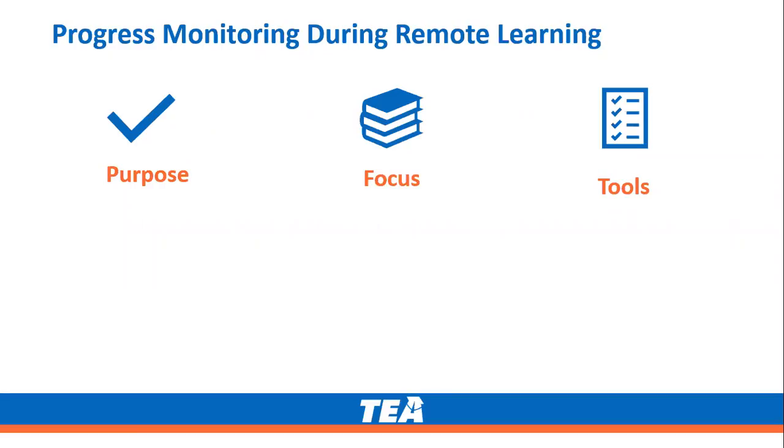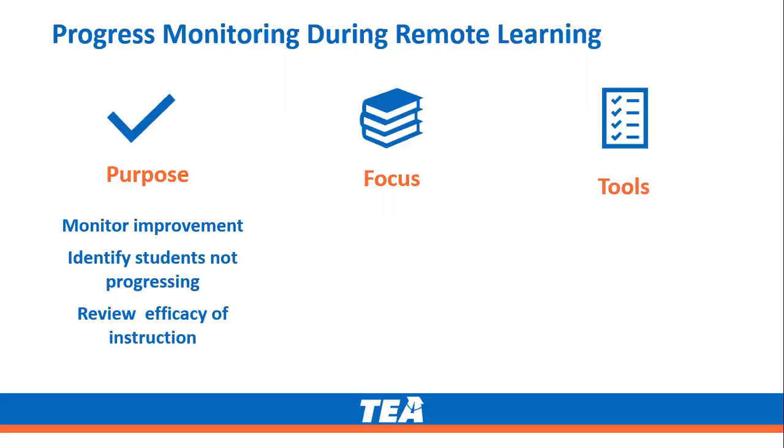So, how does progress monitoring during traditional face-to-face instruction change when remote learning must be implemented? It is important to understand that during remote learning, progress monitoring will continue. The purpose basically remains the same: to monitor improvement and to identify those students that are not making progress.